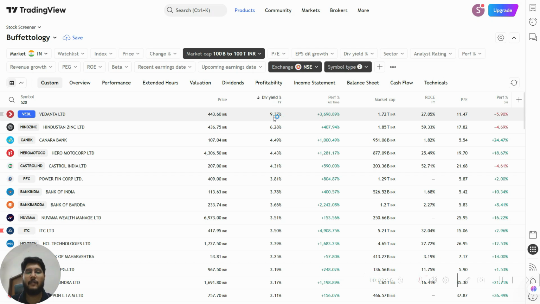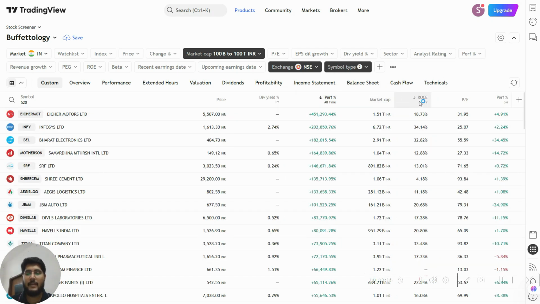It's the percent of the investment that you have made, or the number of shares that you have held. So, for example, I've held 100 shares, and the dividend price, let's say, is 10 rupees. So I will get around 1,000 rupees as my dividend. That was the example. Now its all-time performance was 3,698% until today, what I mean.